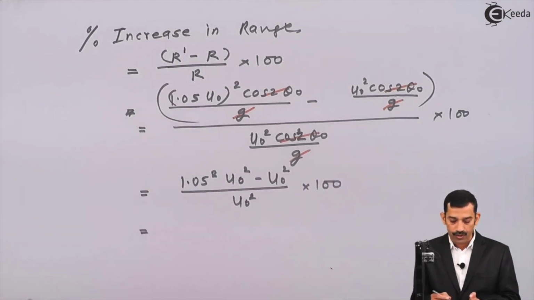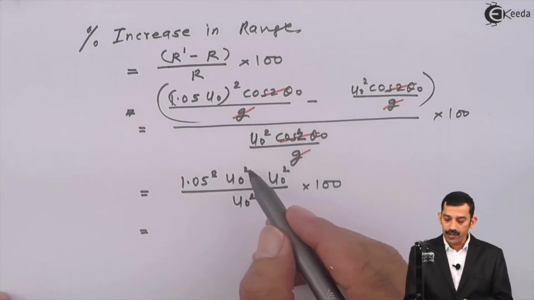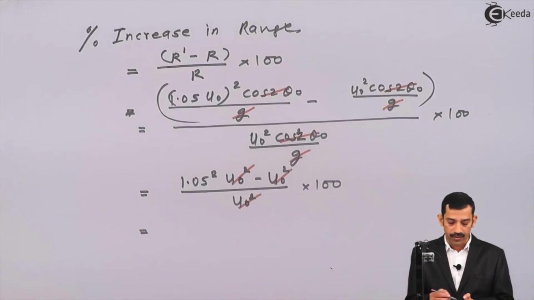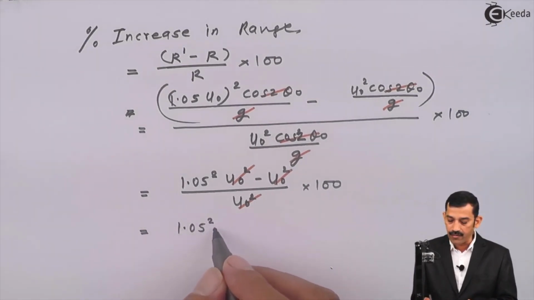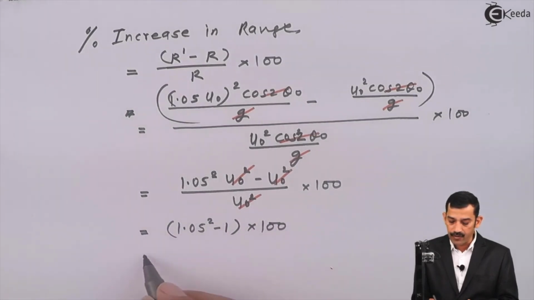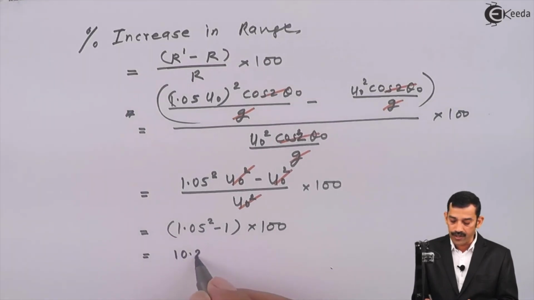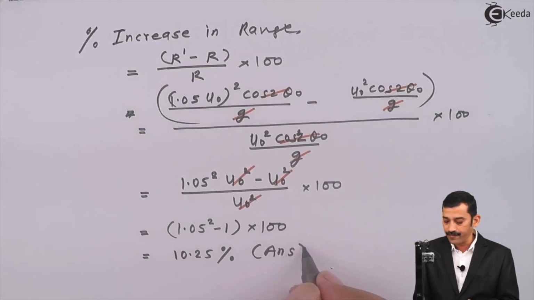Taking u0 square common from the numerator, it cancels with the denominator. That leaves 1.05 square minus 1, into 100. If you calculate, you get the percentage increase in range, and the answer is 10.25%. This is our final answer.